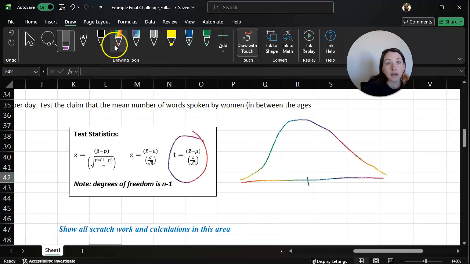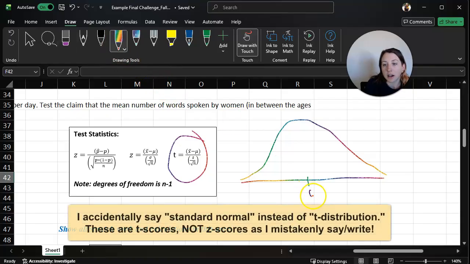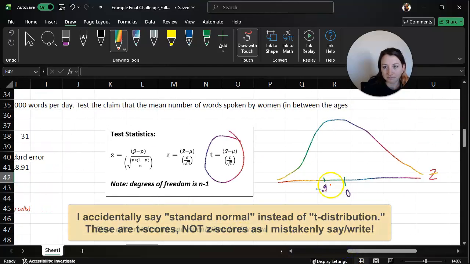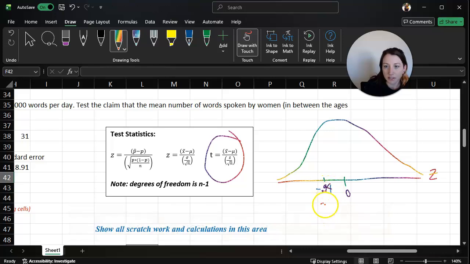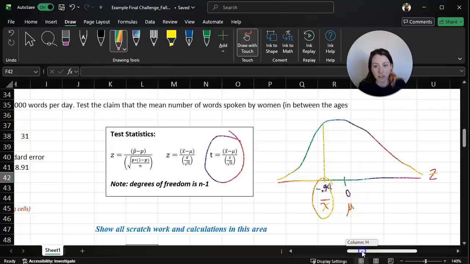If we're using the standard normal distribution of z-scores, our z-score is negative 0.94, I believe. Yes. So this is where x bar is. This is where mu is. So our test statistic is telling us how far away we are from our population mean, or assumed population mean.